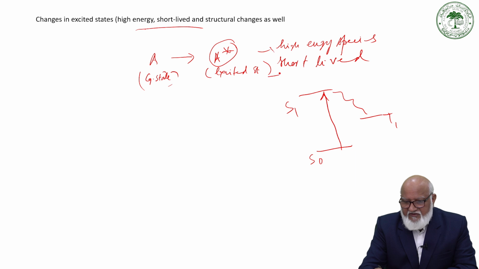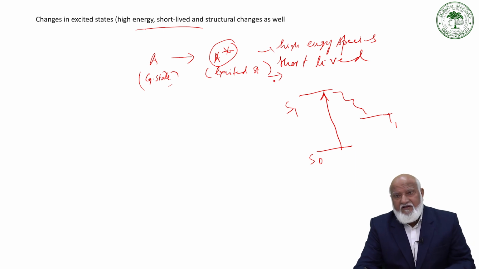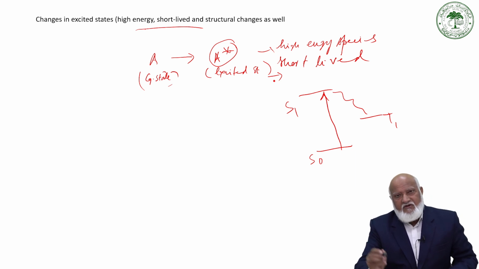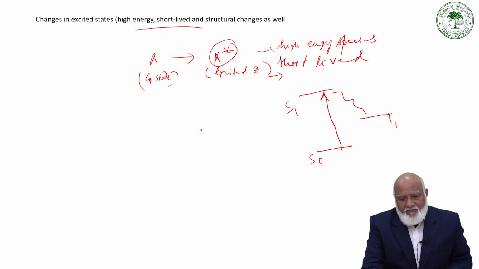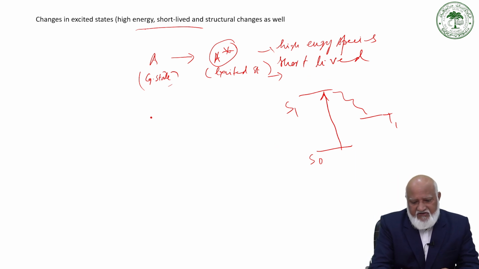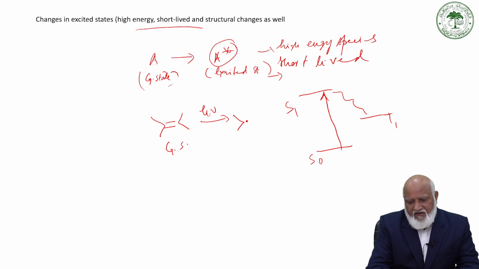These high excited states not only are high energy, they also undergo structural changes. We have also discussed this in the previous lecture. Say, for example, when a molecule on absorption goes to an excited state, they are not only high energy or short-lived, but they also undergo structural changes. Say, for example, we have an alkene in the ground state, and then on absorption of light it goes to an excited state.